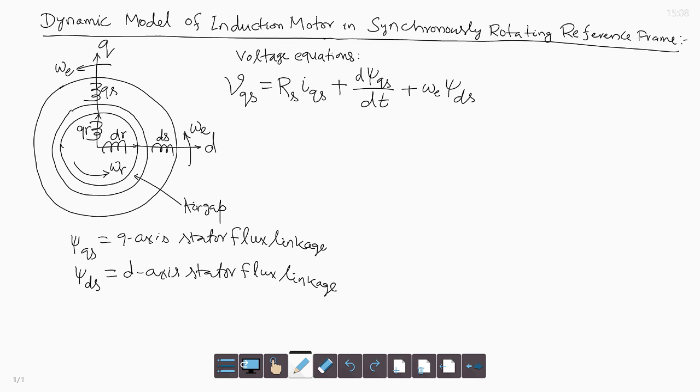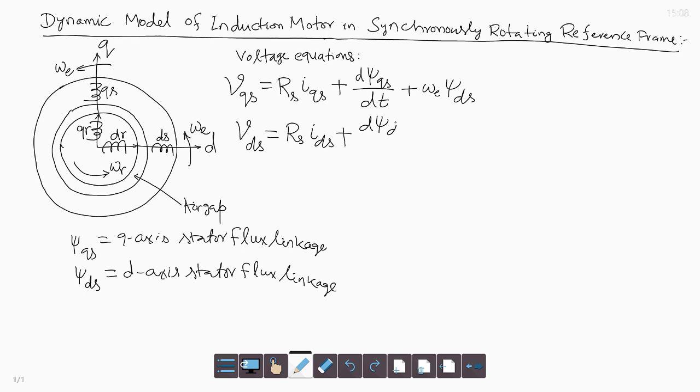Like the DC machine, where V equals R I plus Eb, Eb is here omega e into psi ds. So, here the sign is plus.